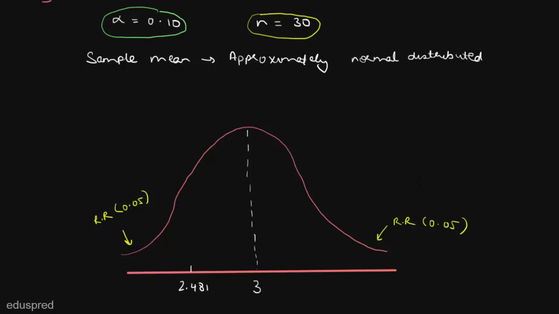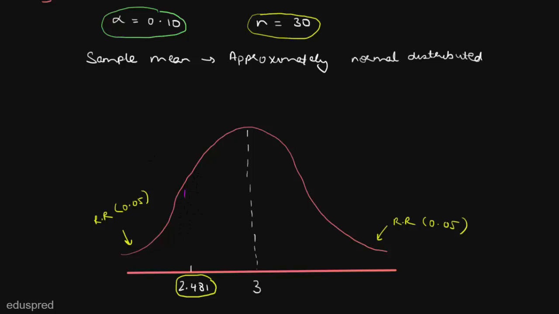Now given all this information and the setup, let us see how to calculate the p-value. Well, the rule is in case of a two-tailed test, the p-value area is the area towards the tail that is closest to the observed sample statistic. In this case, our observed sample mean, 2.481, is closest to the left tail.